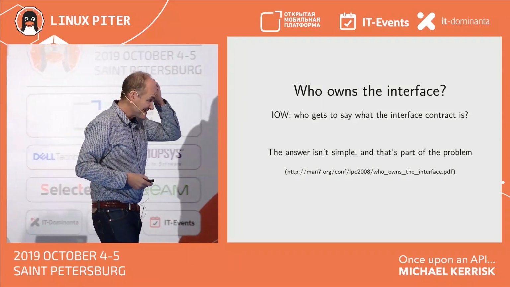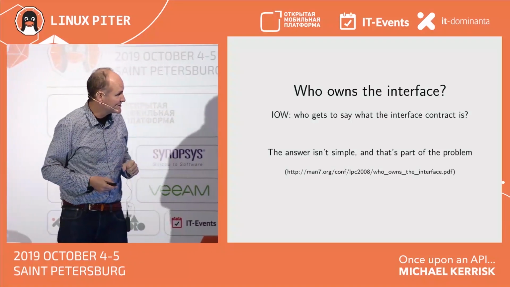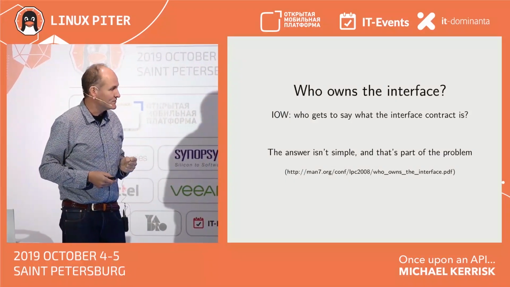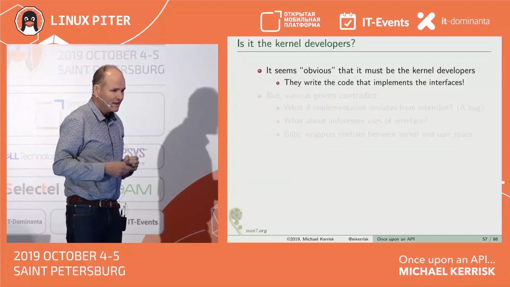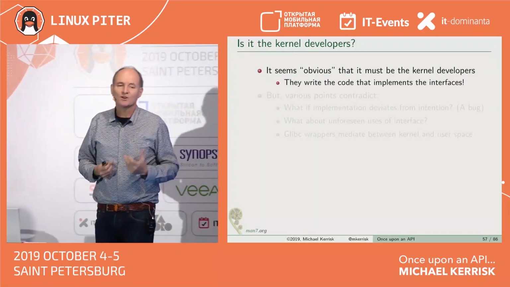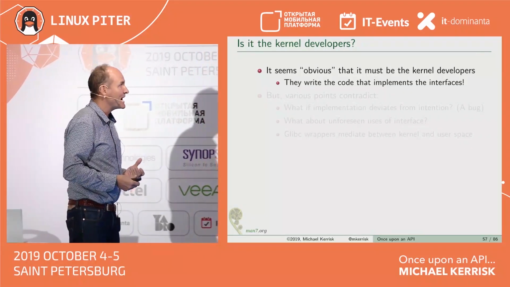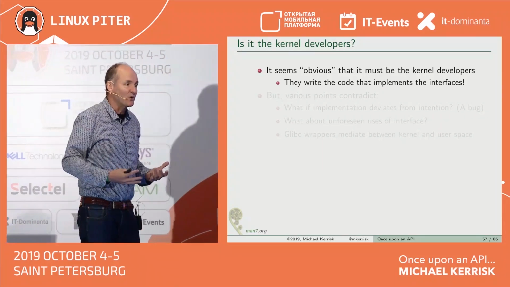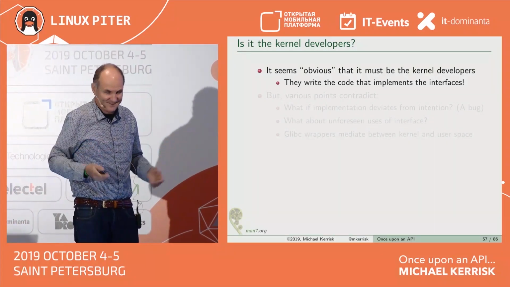And I was already talking about this 10 years ago. I thought about it recently, this is a presentation I did at the first Linux Plumbers Conference back in 2008, URL down at the bottom. Now, you might say, well, it's obvious. It's the kernel developers who define the interface because they wrote the code that implemented the interface. Obvious.